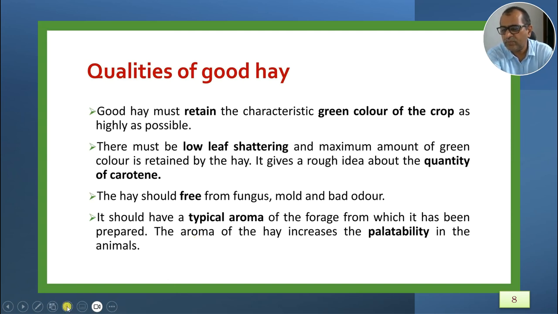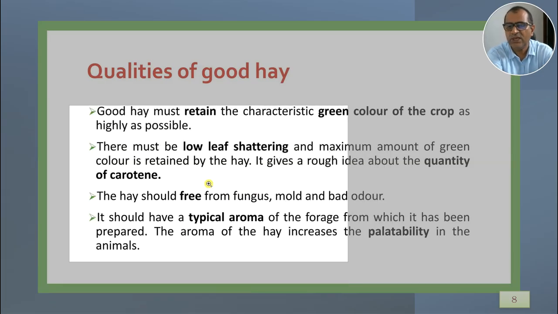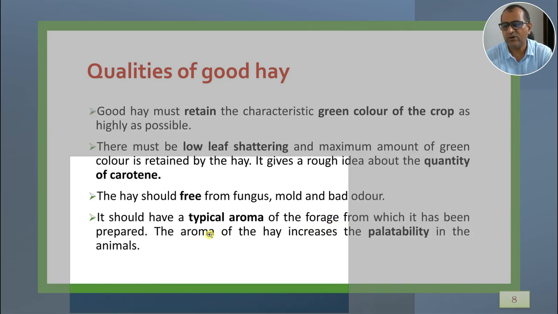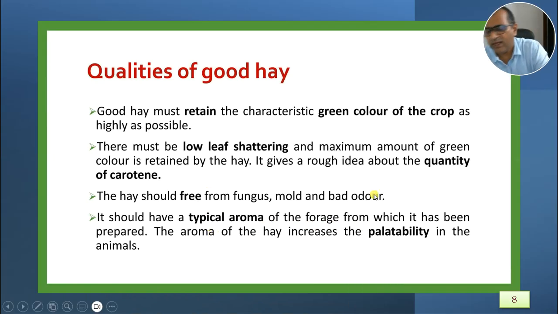So one should see that the hay should be free from fungus and bad odor. It should have a typical aroma, means a characteristic odor that is acceptable to most of the cattle.